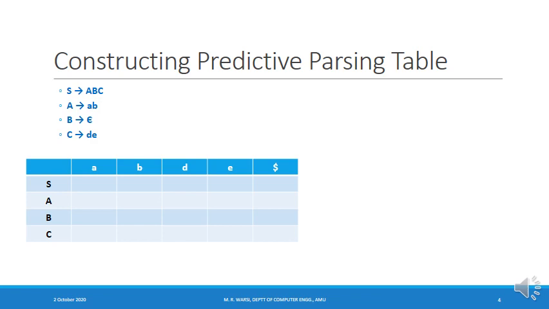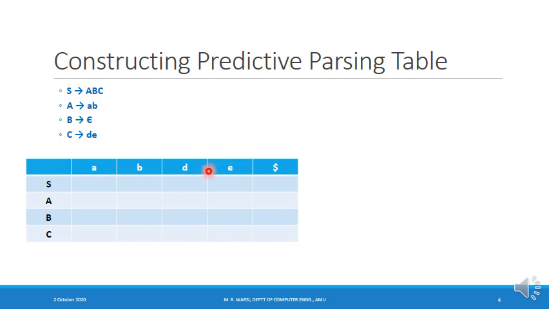Having understood how to do the parsing using the predictive parsing table, let us now turn our attention to the construction of the predictive parsing table. The predictive parsing table is a two-dimensional table where rows are indexed on the basis of variables which are there in the grammar, and columns are indexed on the basis of terminal symbols.